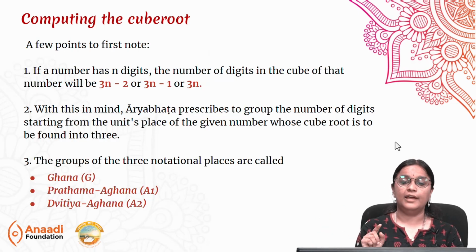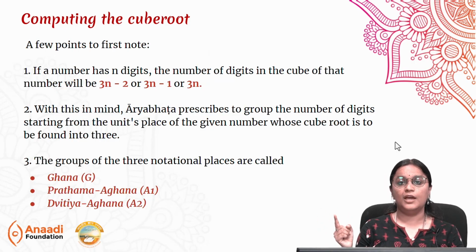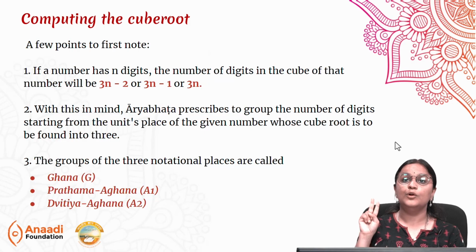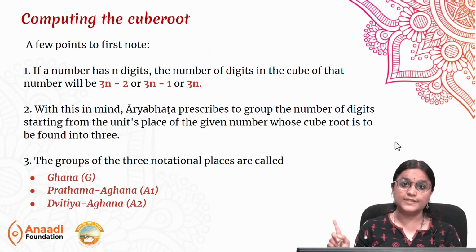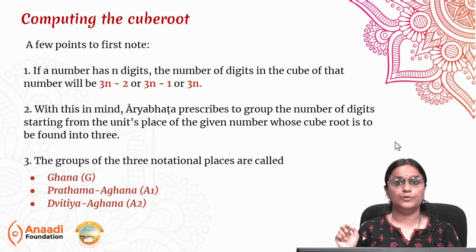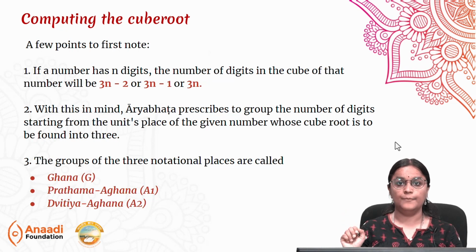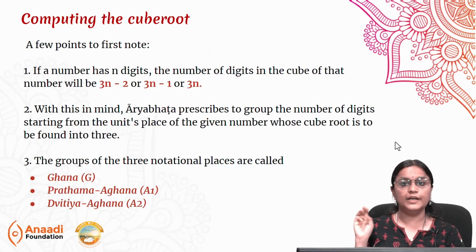For example, if one has to find the cube of 1, it is 1, which is a single digit number. If one wants to find the cube of 2, it is 8, which is also a single digit number. However, the cube of 4 is 64, which is a 2-digit number, and the cube of 9, which is the largest single digit number we have, will be 729, which is a 3-digit number.